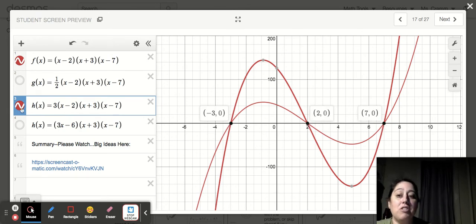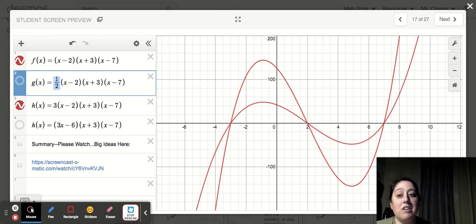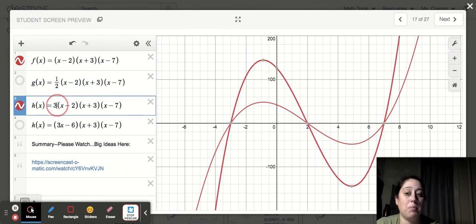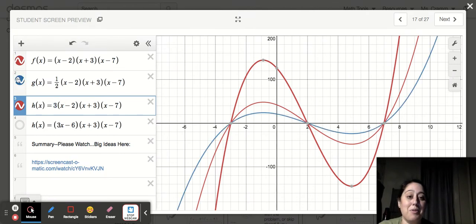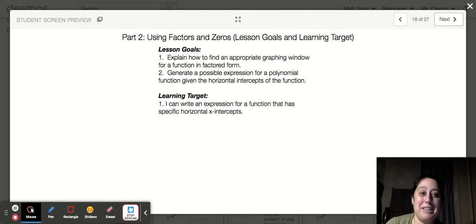All right, so it's good to know that when a factor is 1/2, a fraction, the graph gets smaller, and when you multiply by a number like 3, it gets bigger and bigger. Gosh, as I'm doing this, I am remembering when we went over this the first time in your freshman year. All right, hopefully it's coming back to you.